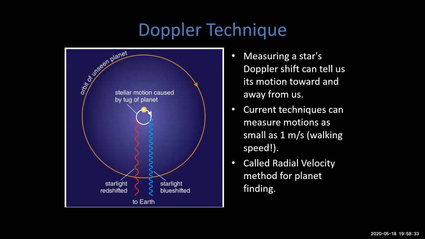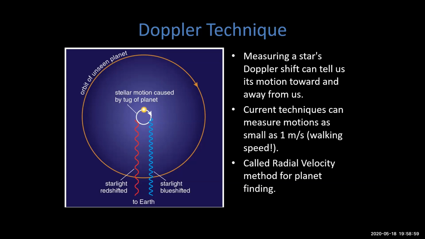The Doppler technique is an indirect method that uses the same basic principle. But instead of looking at the light itself from the star and how that star appears to be moving, which we can't detect, we look at the wavelengths of light produced by the star.